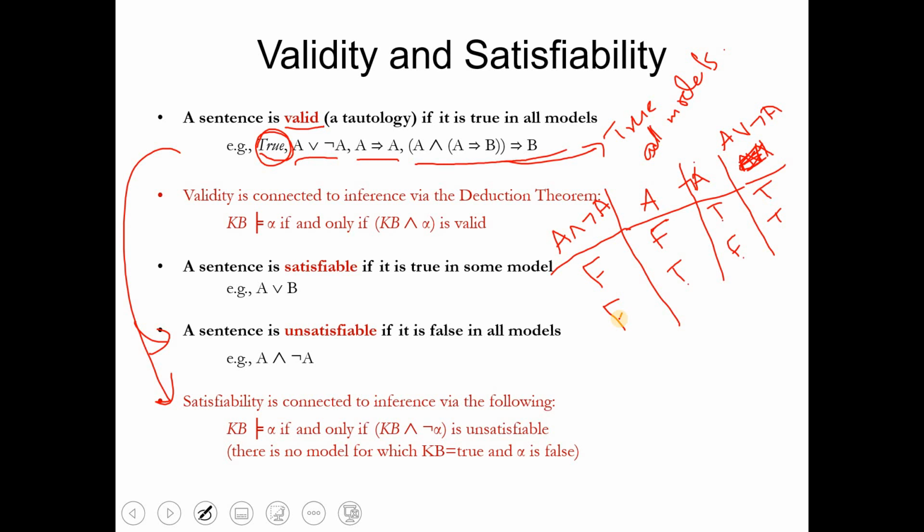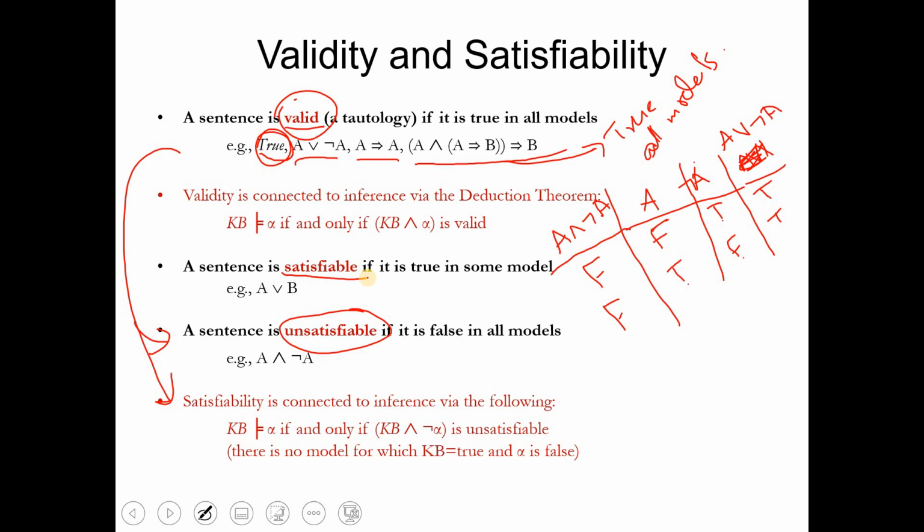In between these two extremes, valid and unsatisfiable, there is a satisfiable sentence which is true for some models and false for some models. You can say 99% of the time you have such sentences: true for some cases and false for other cases. Clear?